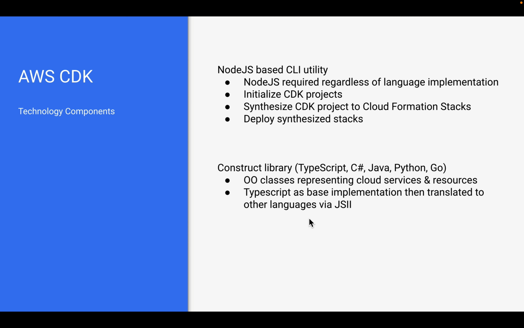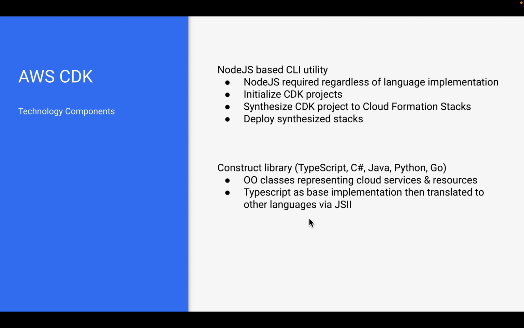Just like there are hundreds of cloud services offered by AWS, each one of those cloud services is going to have its own AWS CDK class. So if you think of S3 and an S3 bucket, you have a bucket class in the S3 construct library that you would use to provision an S3 bucket.